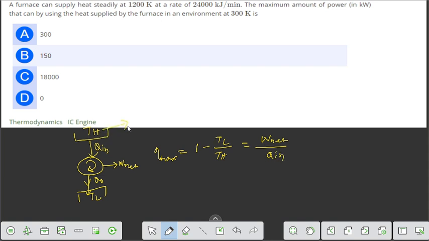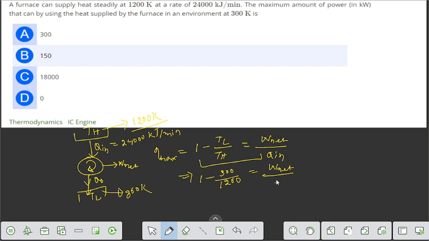Given data: TH is equal to 12,000 Kelvin, all data in Kelvin, Q in is equal to 24,000 kilojoule per minute, and the environment, that means the ambient temperature, that means the lower temperature, is 300 Kelvin. So from that equation we get 1 minus 300 divided by 12,000 is equal to W net divided by Q in.